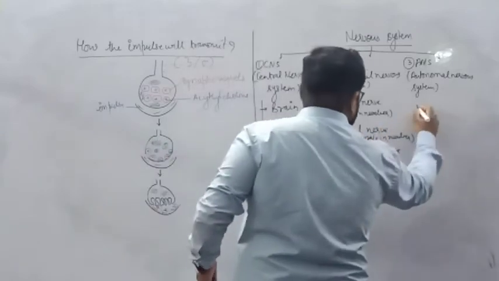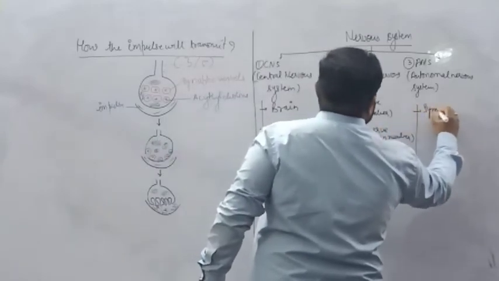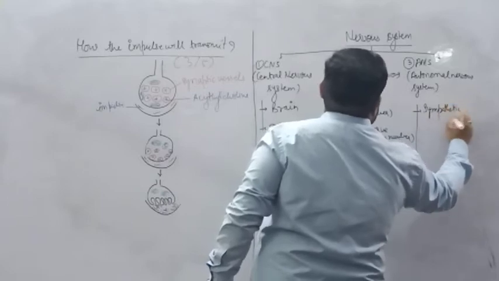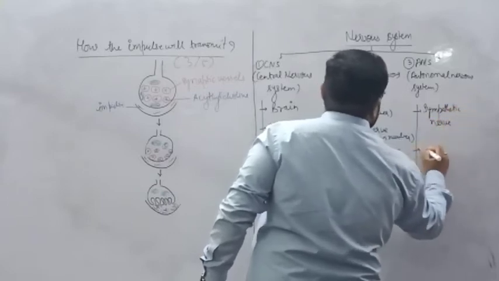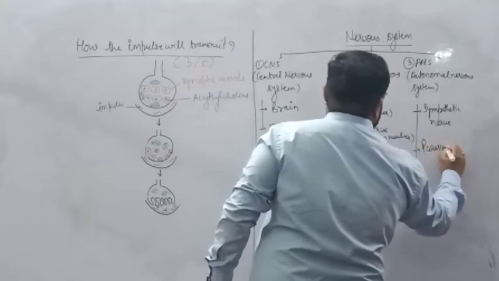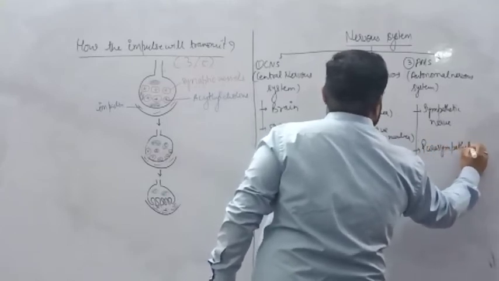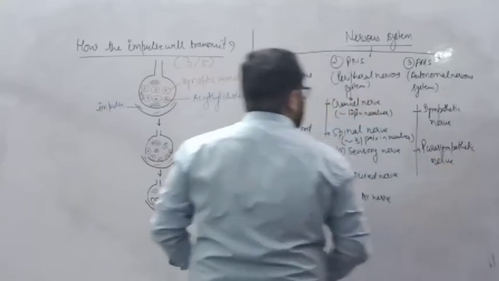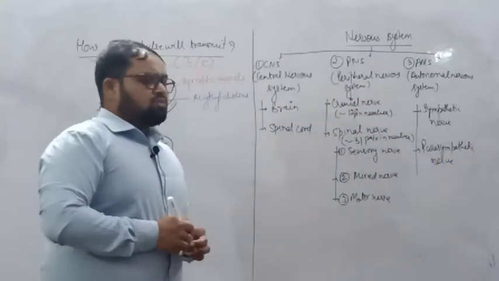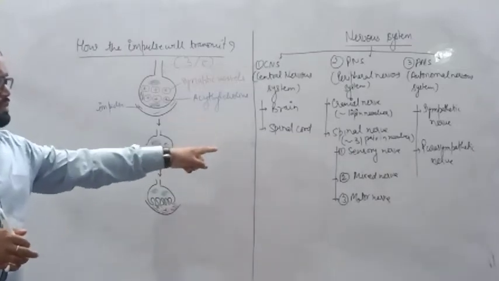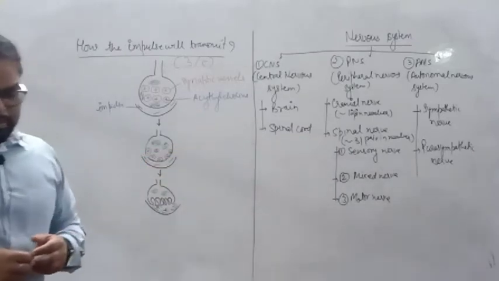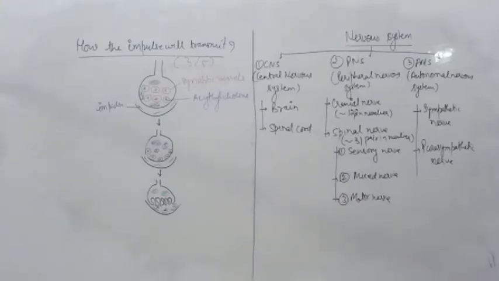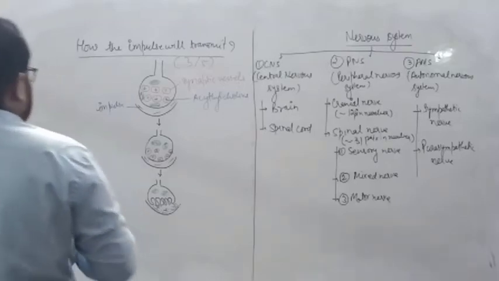Come to the ANS. ANS is divided into two categories: sympathetic nerve and parasympathetic nerve. First you draw it and draw the branches. After that we will elaborate on it.